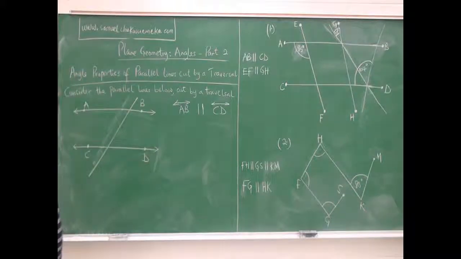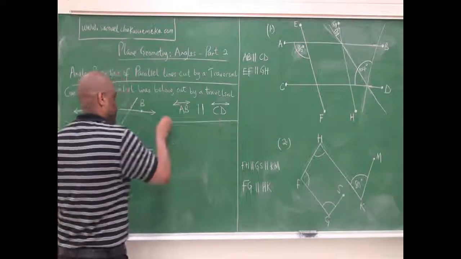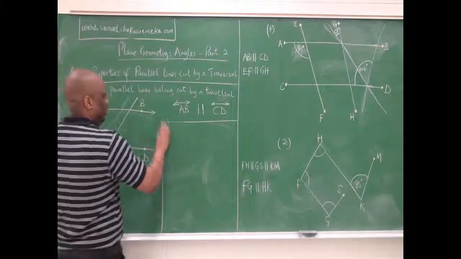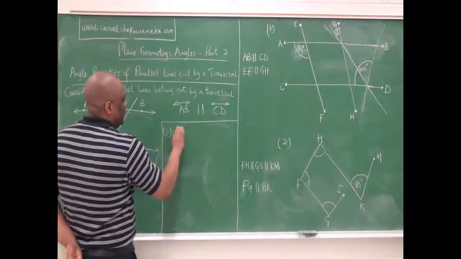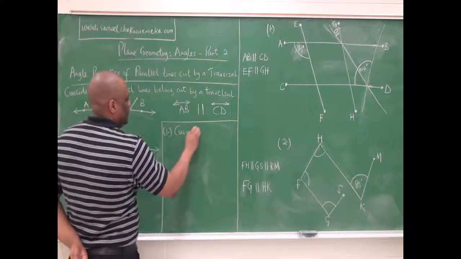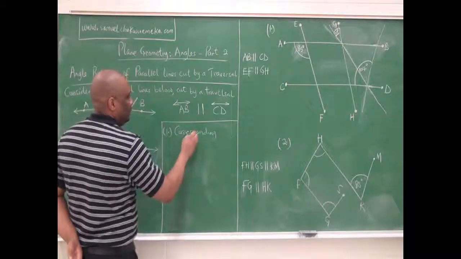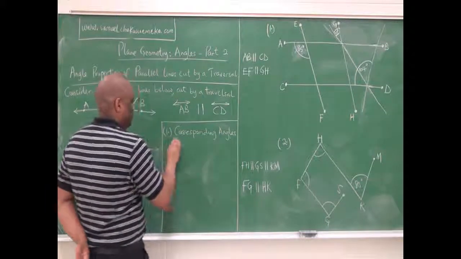Some interesting properties of angles are formed here. I'm kind of going to write small because I don't have space on the board. The first property we look at is that corresponding angles are equal.